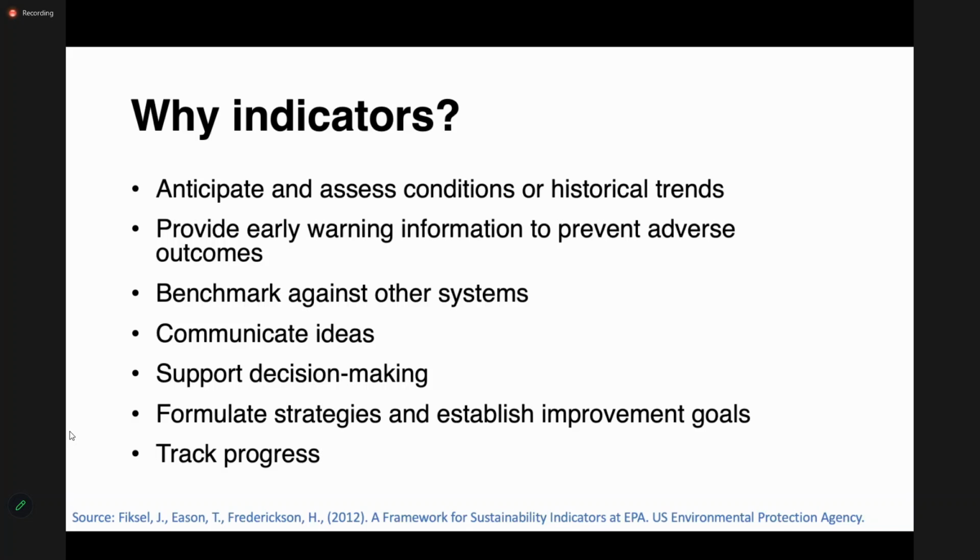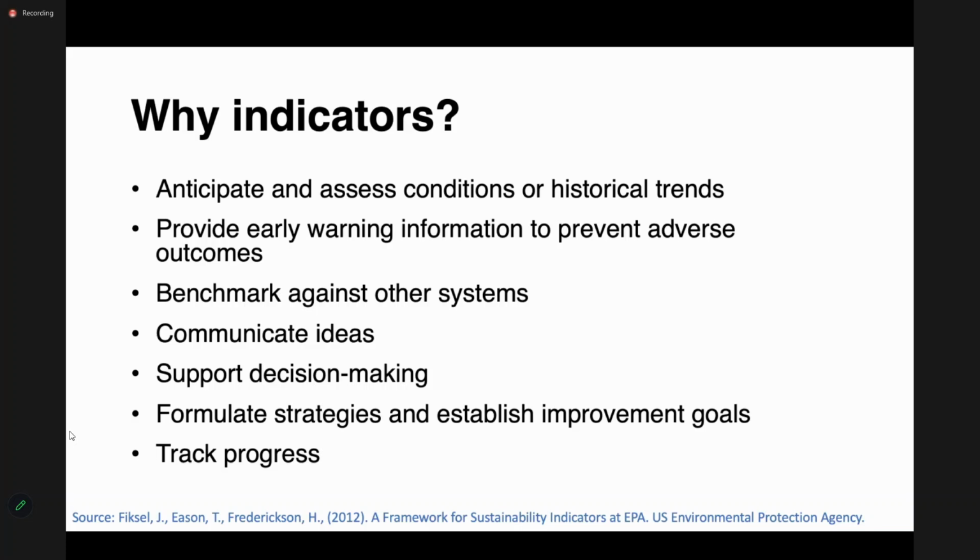We can compare countries, industries, and businesses, different companies together. We can do that kind of benchmarking when we use certain common indicators to measure things. Also, it becomes easier to communicate ideas.